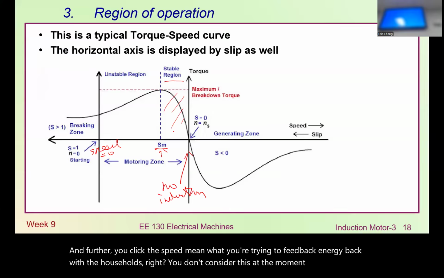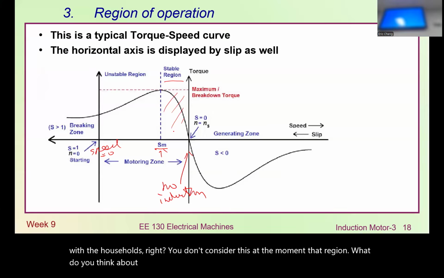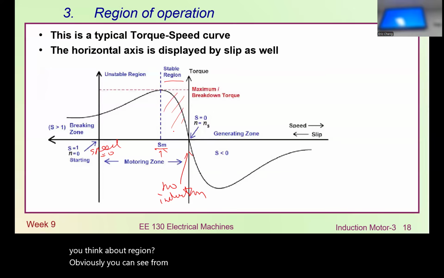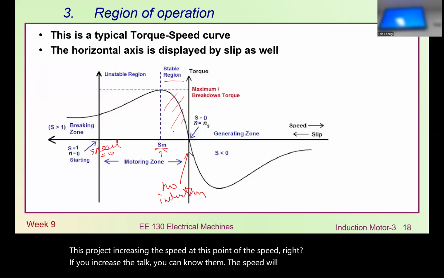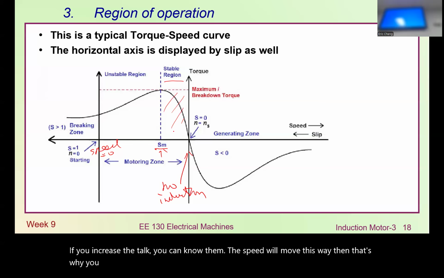Just think about that region. What do you think about this region? Obviously, you can see from this region that's the maximum torque. When you further increase the torque at this point of the speed, the speed will move this way, and that's why the speed reduces.